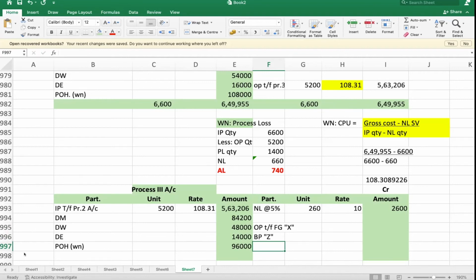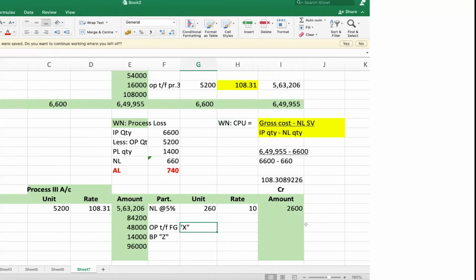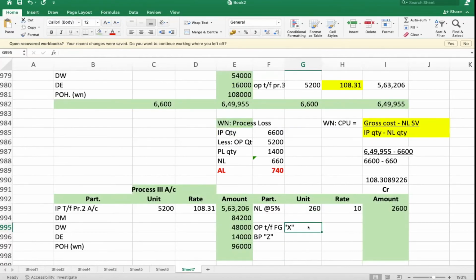Any difficulty? Understood now? Good. Now, how much finished goods did you say? X, how much finished goods is X? 4,800. The output of process 3 is 4,800, and the byproduct is also produced.